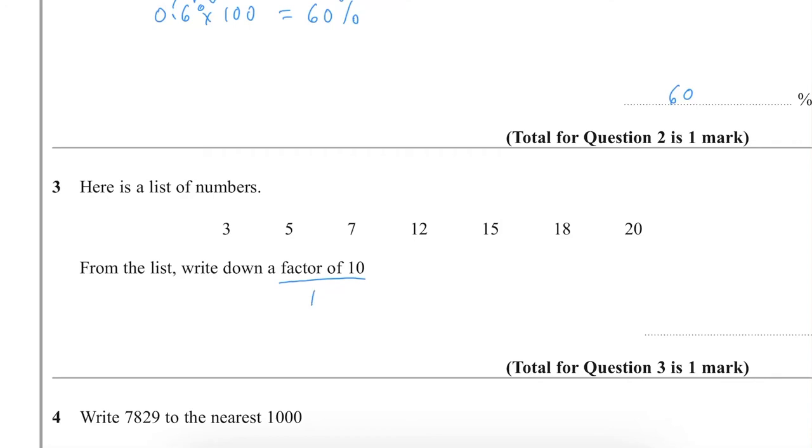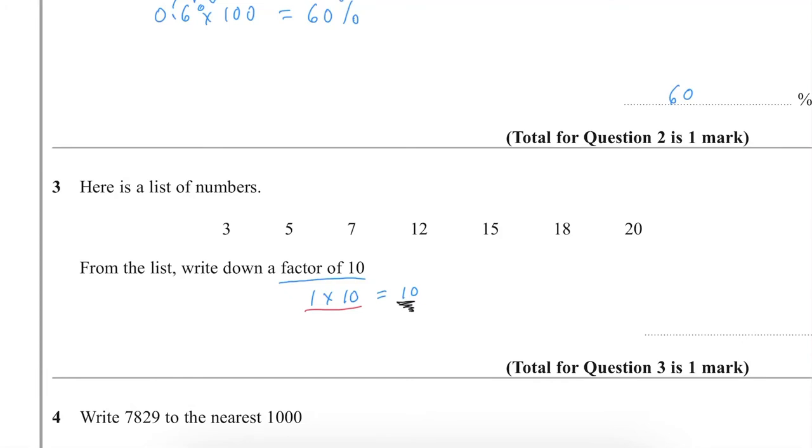So the factors are what make up the number, like 1 and 10. 1 times 10 equals 10. So here's your factors, and here's your multiples. Eat lots and get lots of multiples, unfortunately.